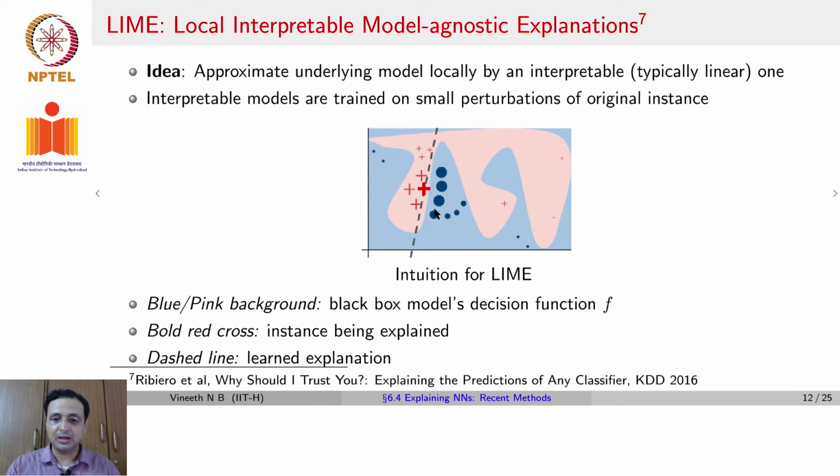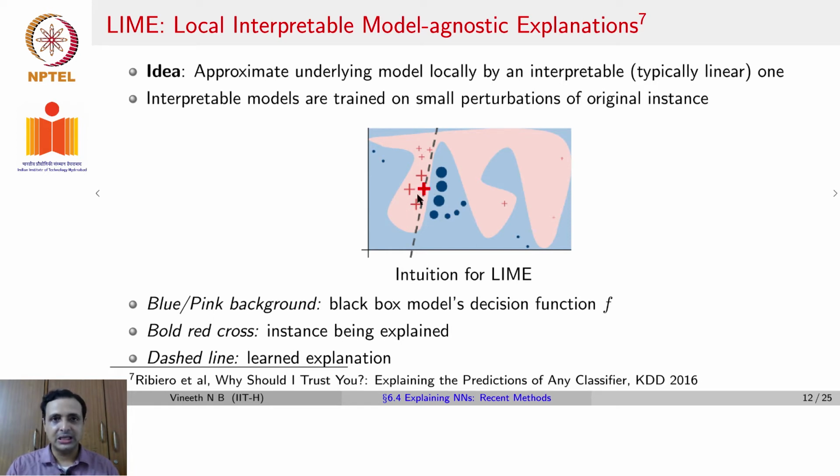The way it is learned is to take this bold red cross, which is a given image, and construct a few perturbations of the image. You could take an image and occlude a part of it, a segment of it, or an object in it, whatever it be. These are different kinds of perturbations that you construct around the image.